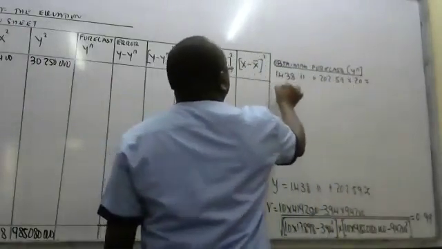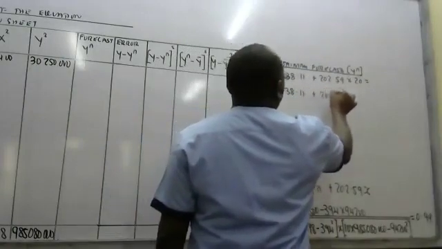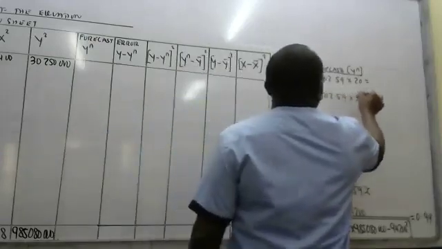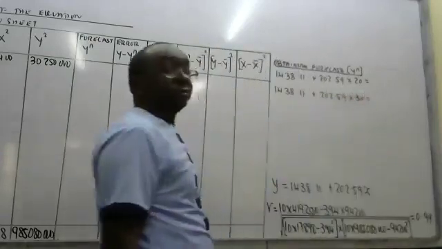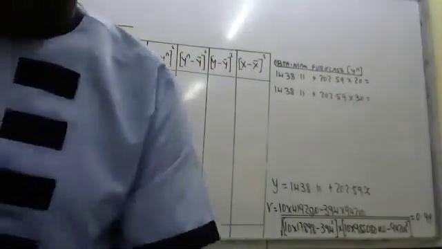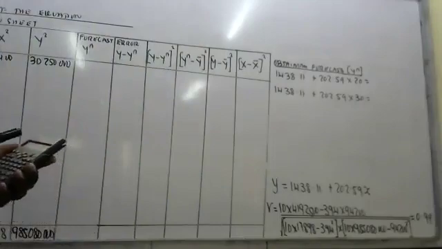Then you say again 1438.11 plus 202.59 times the value of x, which is 30. Have you understood that? Yeah, we are just putting the value of x there. So we will put those.